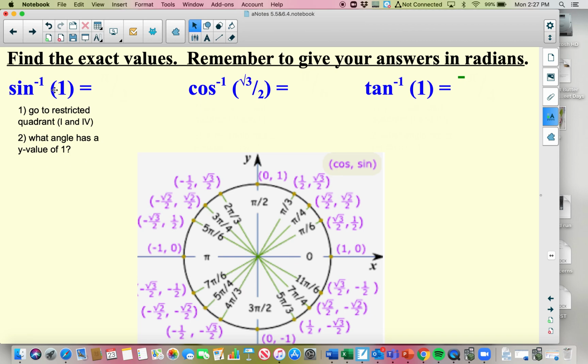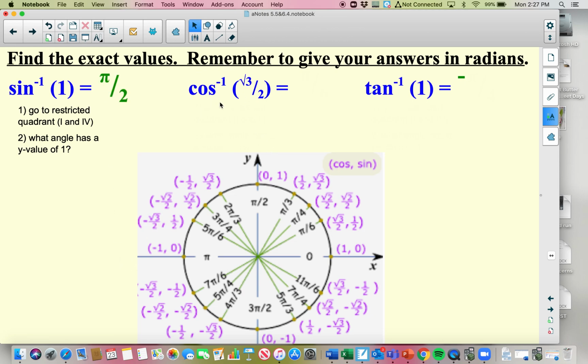And this is really saying, what angle has a y value, because sine is y, of 1? Well, sine is positive in quadrant 1, and 1 is positive, so now I know I'm in quadrant 1. The sine value is y, and where is y equal to 1? That's at π/2. So I know the answer is π/2.